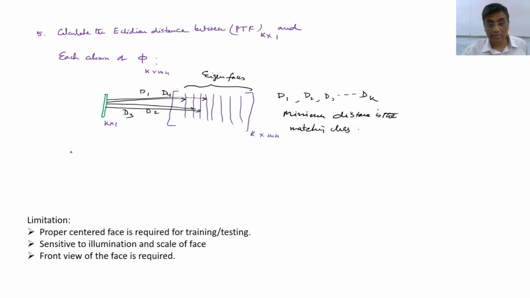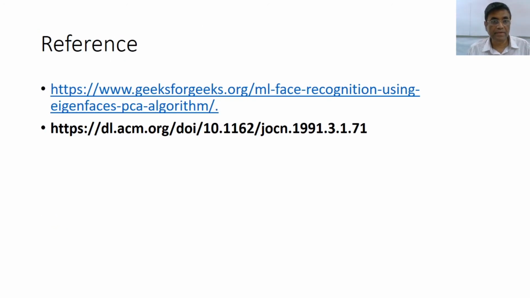Limitations, this is very important. A properly centered face is required for training and testing. It is sensitive to illumination and scale of the face, so you will have to be careful. A front face is required, front view. That's why you take some 10 faces for each class, and take a few front faces so that your algorithm runs effectively.